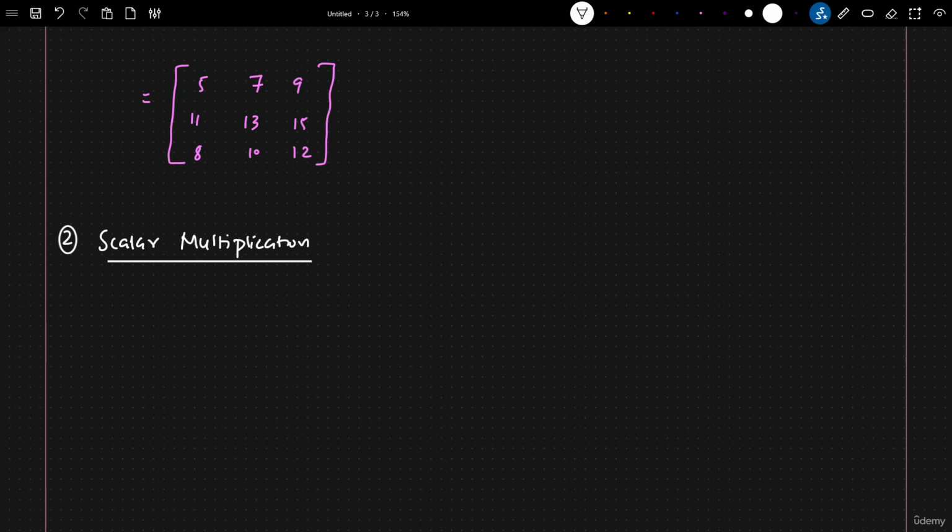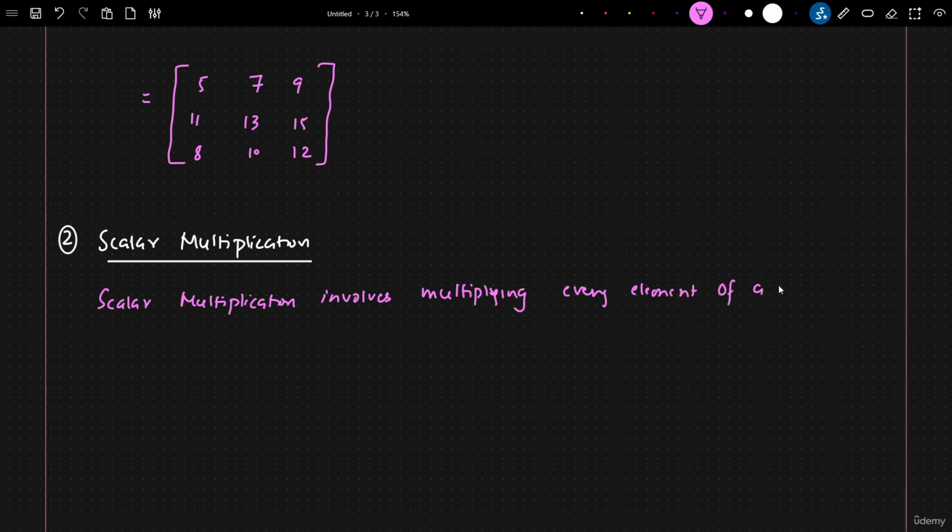So guys, now let's go ahead and discuss scalar multiplication. Now what does scalar multiplication basically mean? So scalar multiplication involves multiplying every element of a matrix by a scalar value.